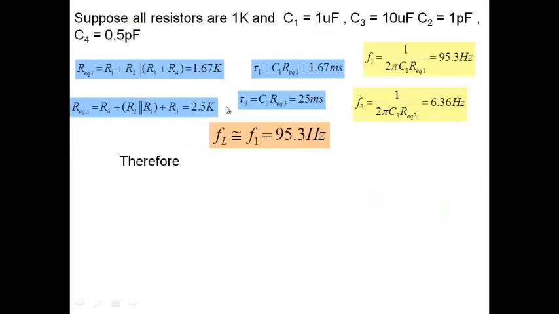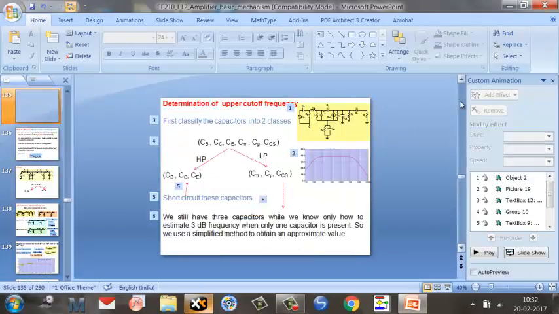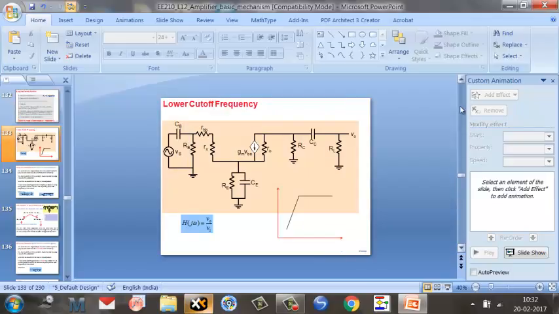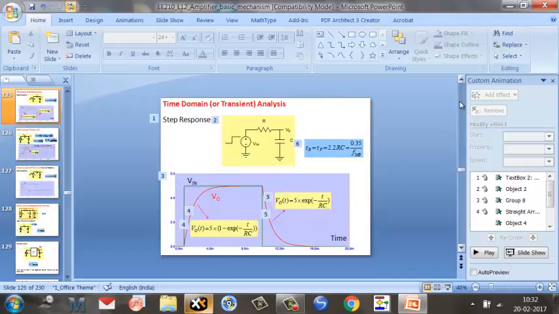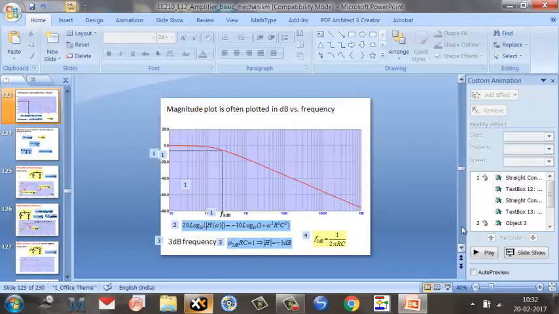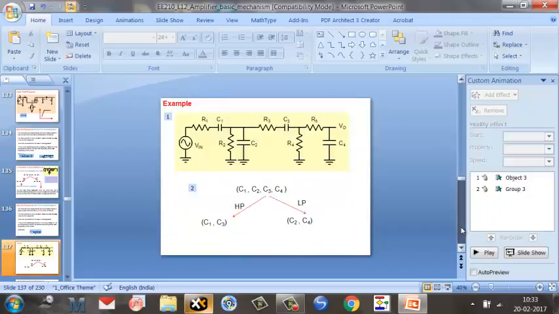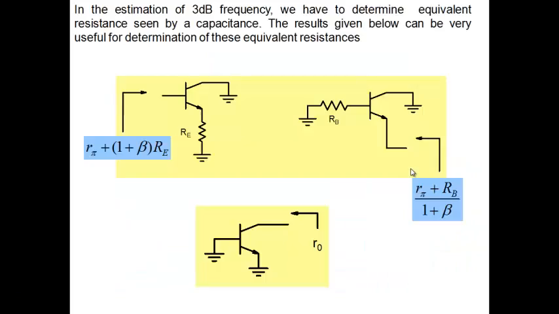So, procedure again, let's come back to our original amplifier, to the lower cutoff frequency calculation.